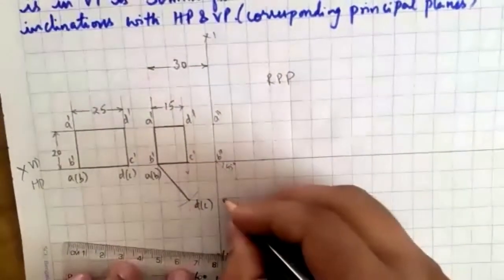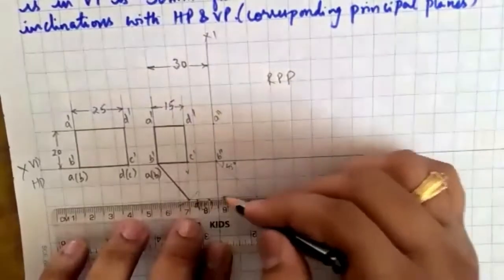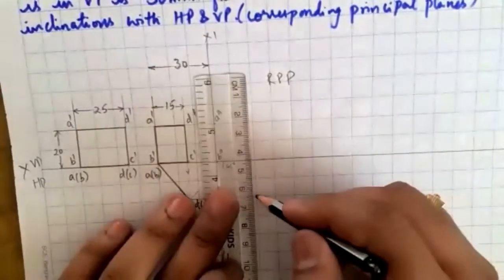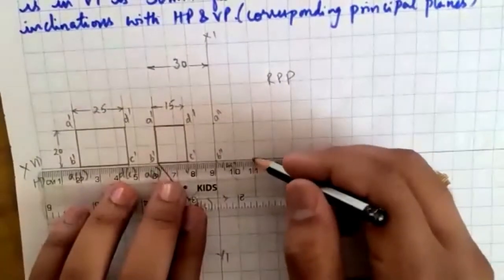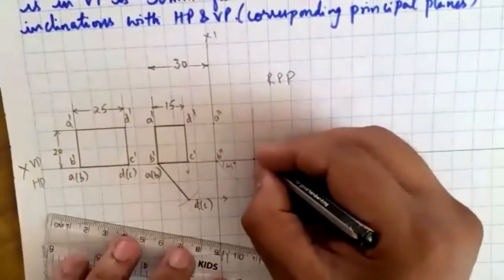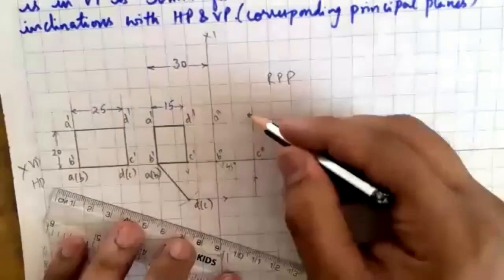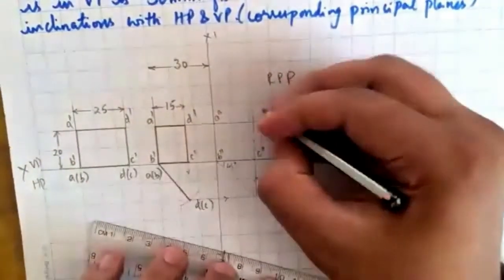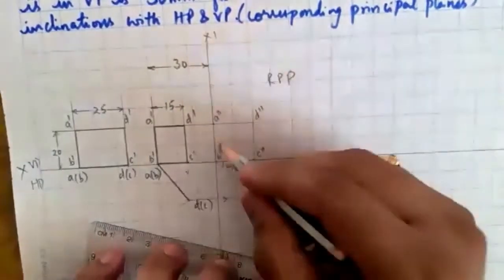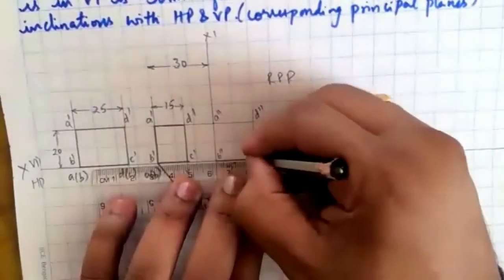Next, from C, I'm drawing a line till it meets the 45-degree line and then extend it further till it meets the C dash projector. This is C double dash. Next, again from D, I am drawing a projector till it meets the D dash projector. This is D double dash. So A, B, C, D double dash is obtained. So this is the final answer.